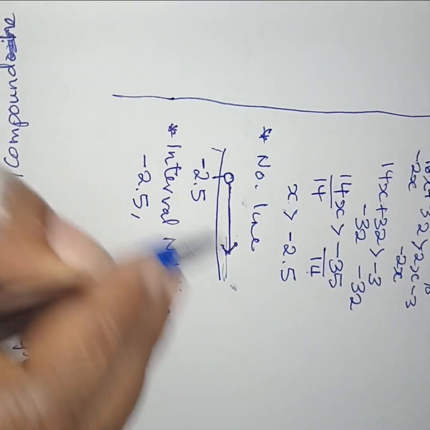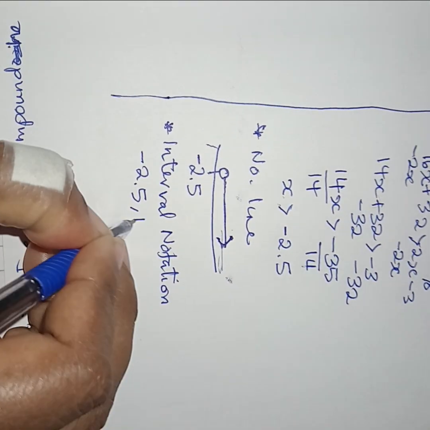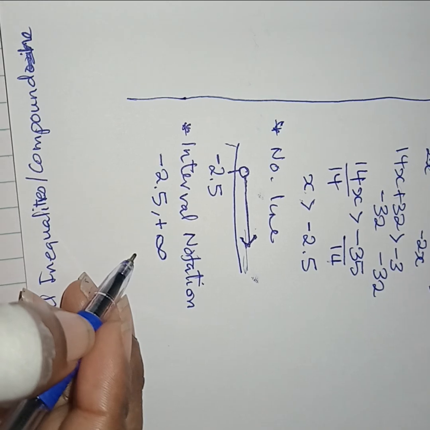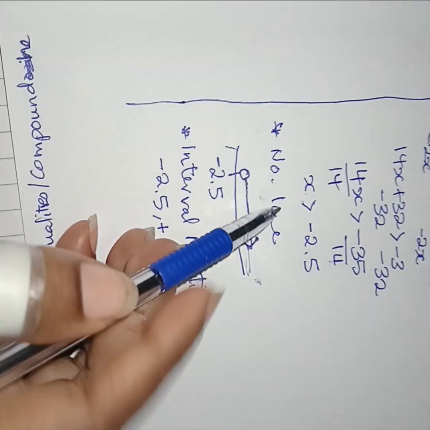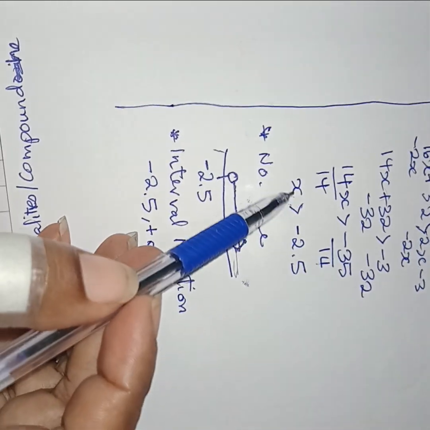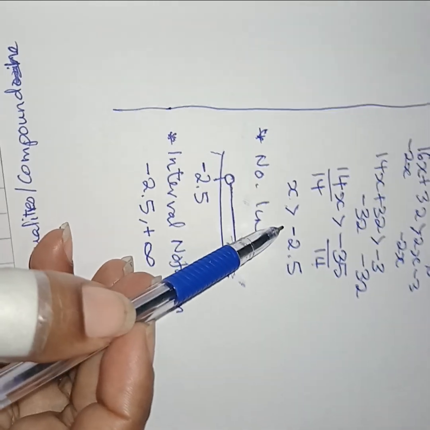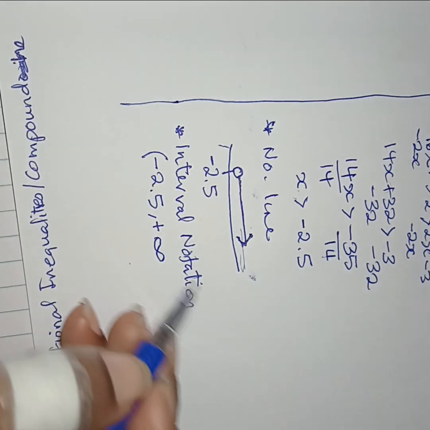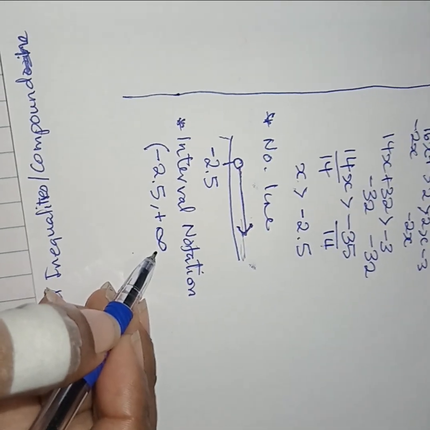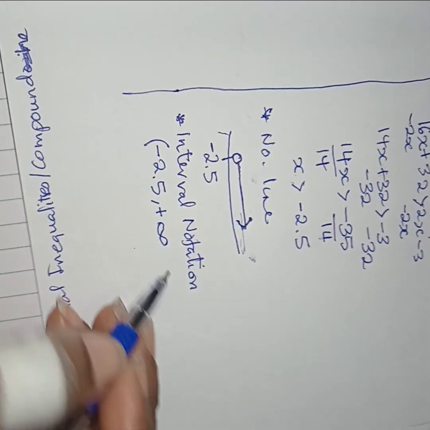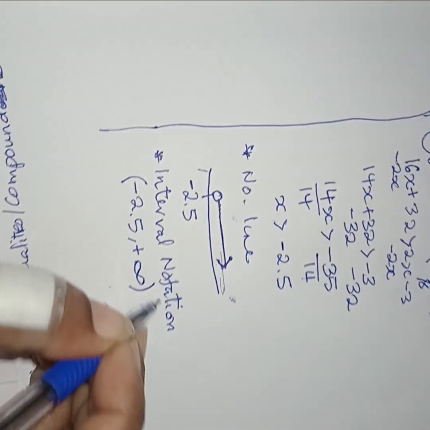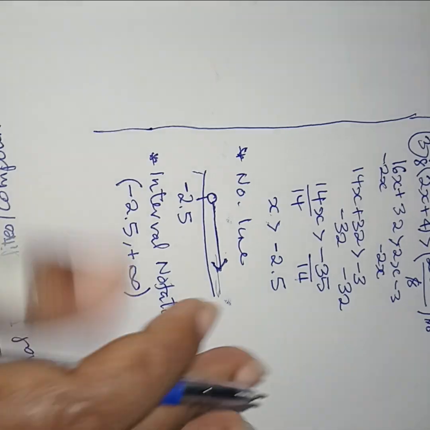The arrow points all the way to the right, indicating that it goes all the way to positive infinity. Okay, we close them with brackets. X is only greater, not equal to negative 2.5, so we use a round bracket. And for infinity, we do not know the exact value, so we also close it with a round bracket.